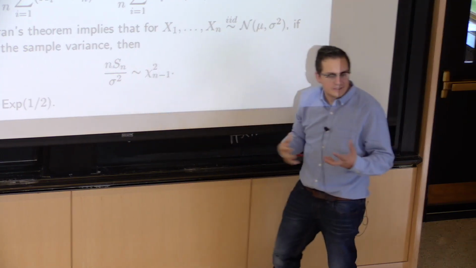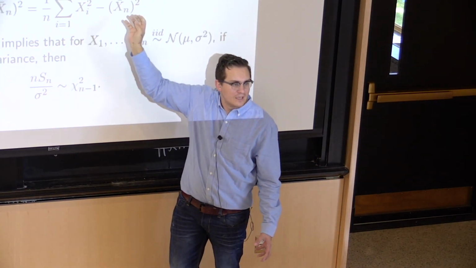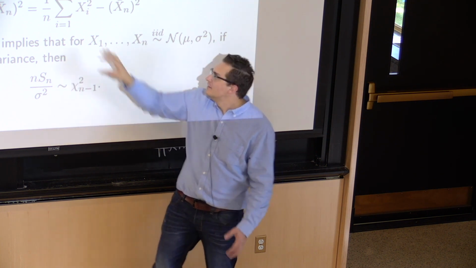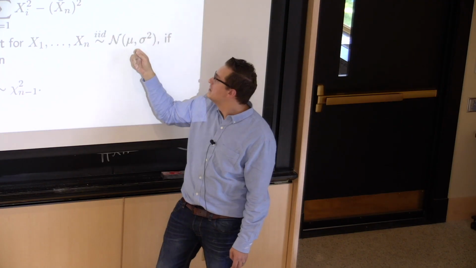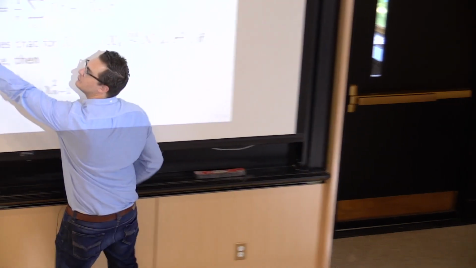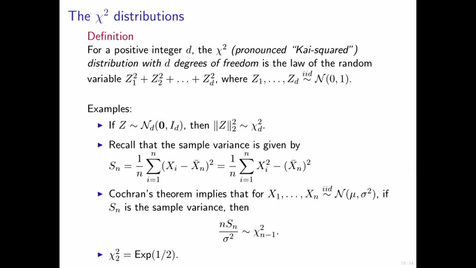Now Cochran's theorem is essentially telling you that those things are independent. In a way, you can think of those as having n degrees of freedom minus 1 degree of freedom. Now here, as I said, this is not mean 0 and variance 1. The fact that it's not mean 0 is not a problem, because I can remove the mean here and remove the mean here. So this thing has the same distribution regardless of what the actual mean is.